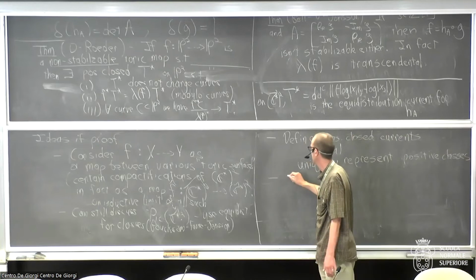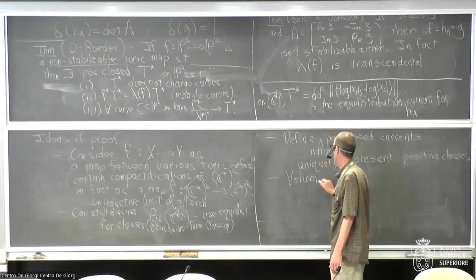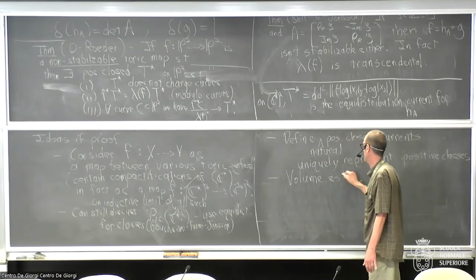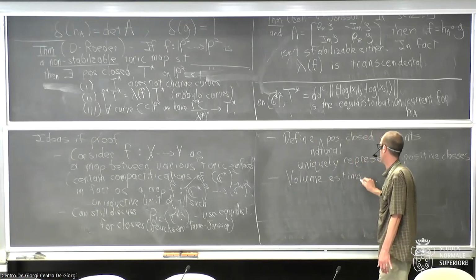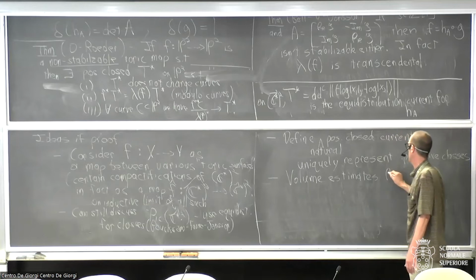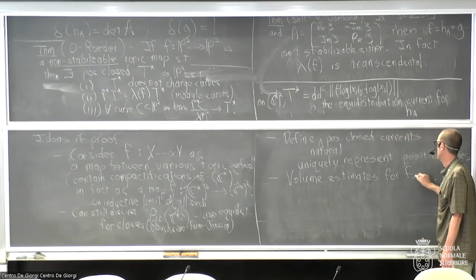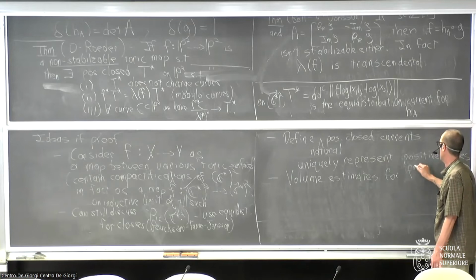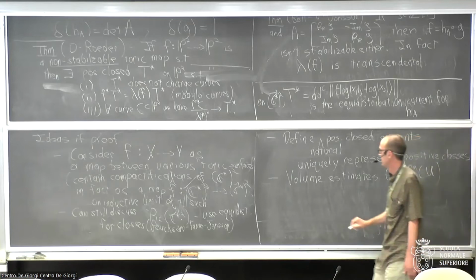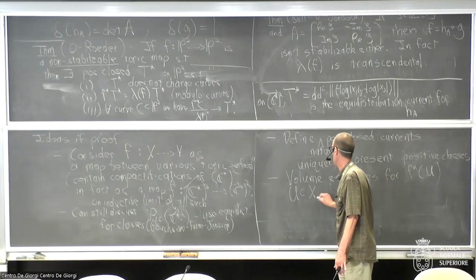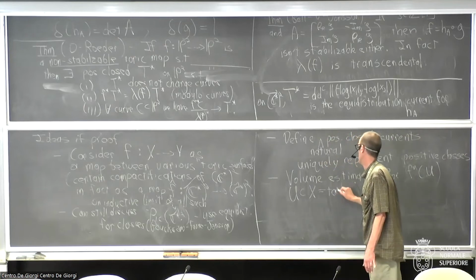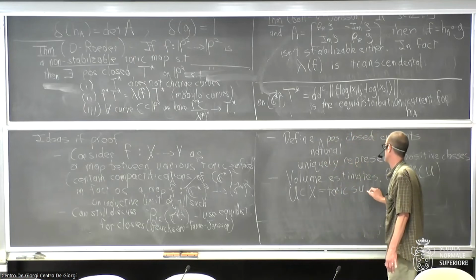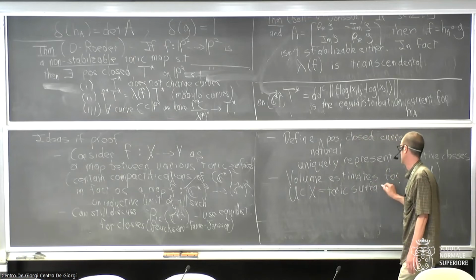Okay, and then finally, you prove volume estimates for forward images of an open set in a toric surface, any toric surface.